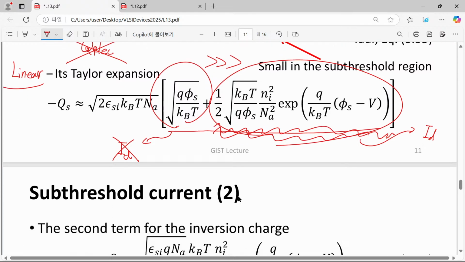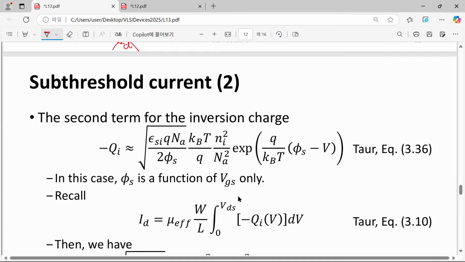And now we can say from this linear approximation, the inversion charge, not exactly inversion, because there is no inversion in this bias condition. Inversion means that we have a sufficient amount of electrons, and type changes should occur.